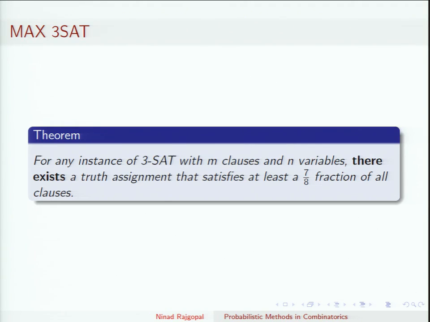So what I will prove is that if I give a random assignment to these variables in a 3-SAT formula, I can always show that there exists a truth assignment which satisfies at least a 7/8 fraction of all these clauses. I cannot satisfy all the clauses maybe. I'll try to satisfy as many as possible, and with a random assignment I can give a bound for this.